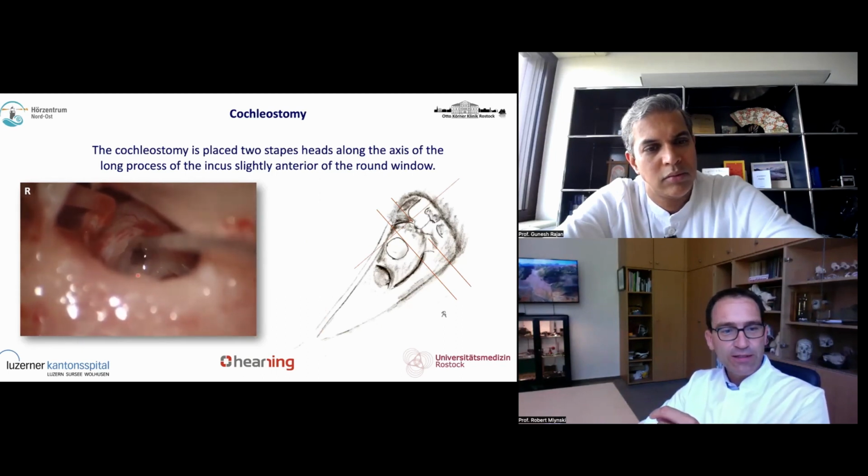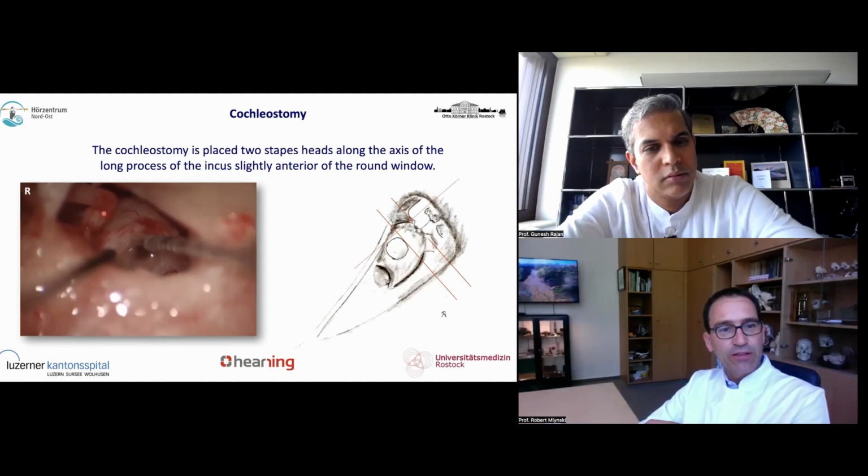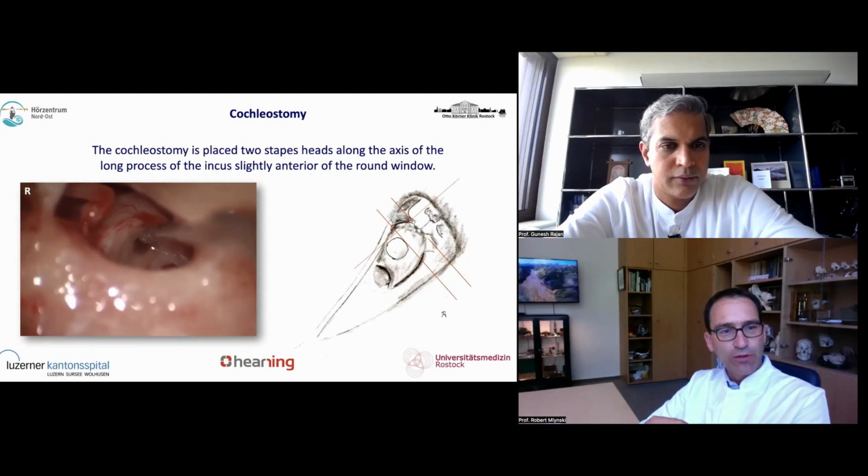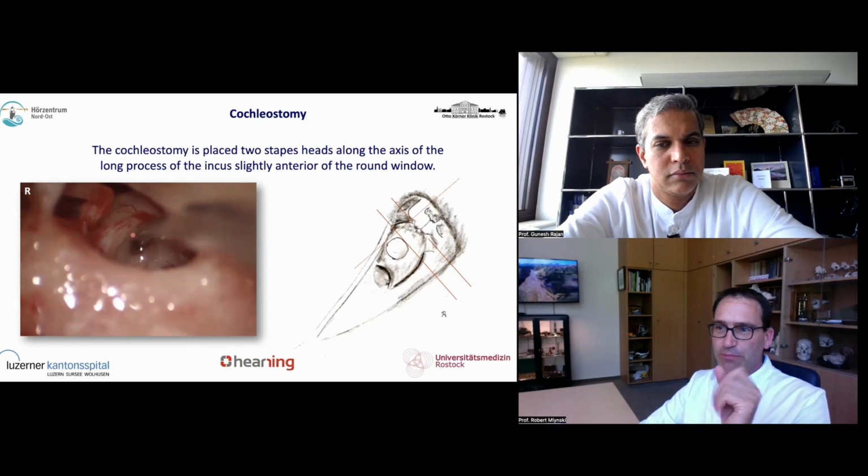For example, here there's calcification of the scala tympani. So we continue with the inferior part of the long process of the incus, and we have the three heads of the stapes. There we always get to the basal turn of the cochlea anterior to the round window.